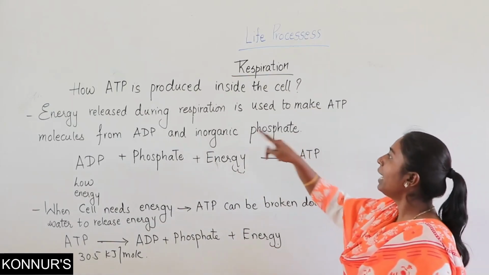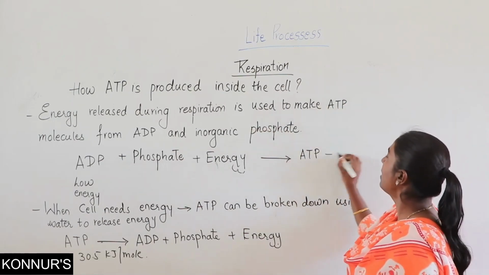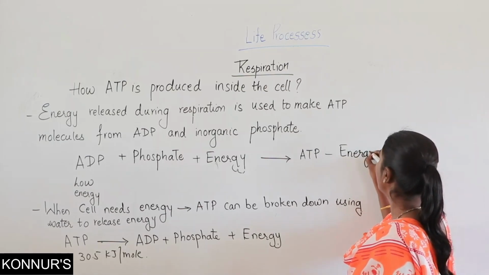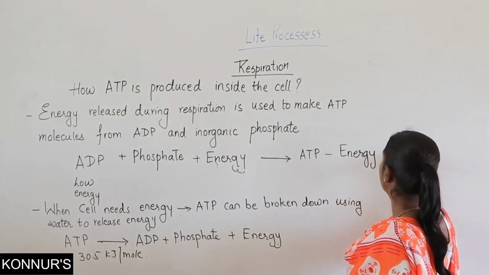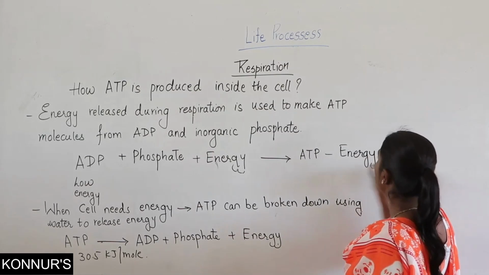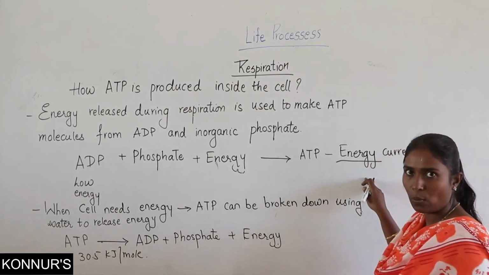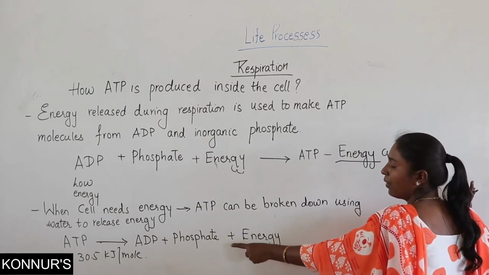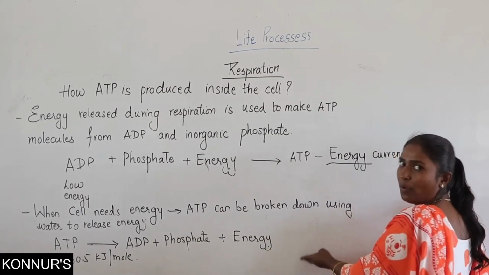That is why ATP is called the energy currency, because whenever energy is required, this ATP breaks down to form ADP and phosphate along with a lot of energy.